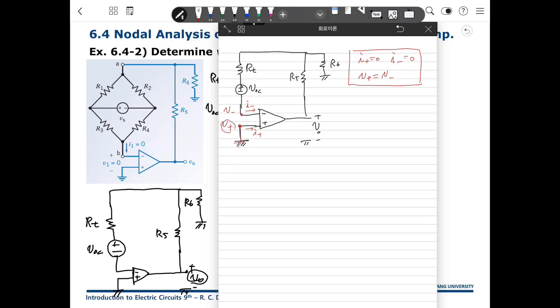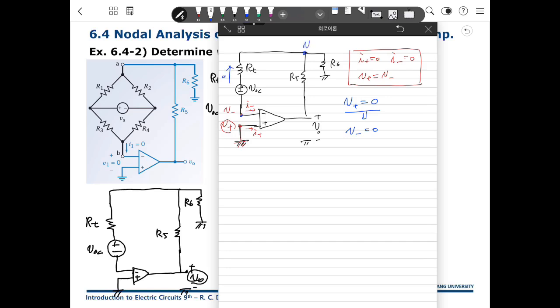Then here, V plus is connected to the ground. What's the meaning of that? V plus is 0. Because of that, V minus is also 0. So this is 0, and I minus is 0. That means the current over here is 0.